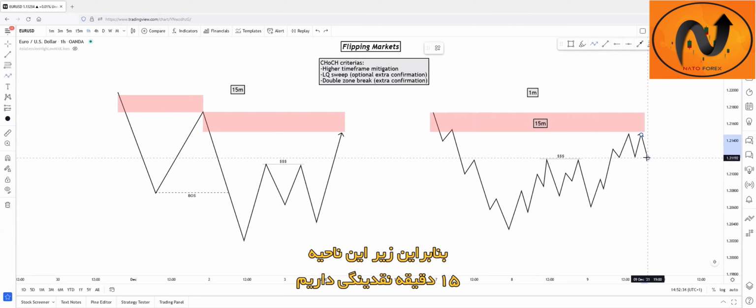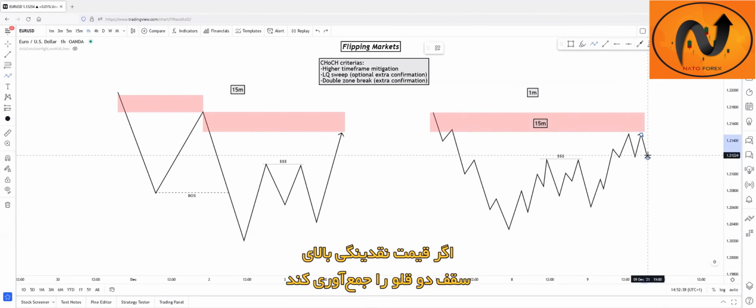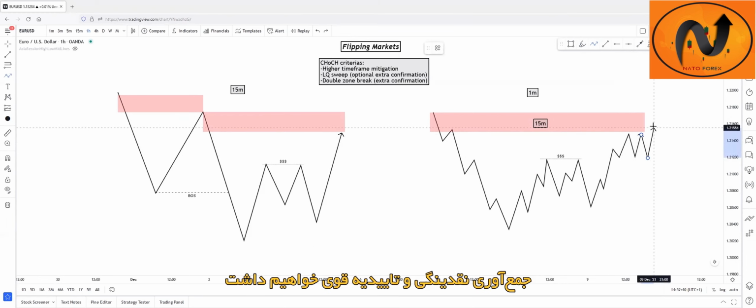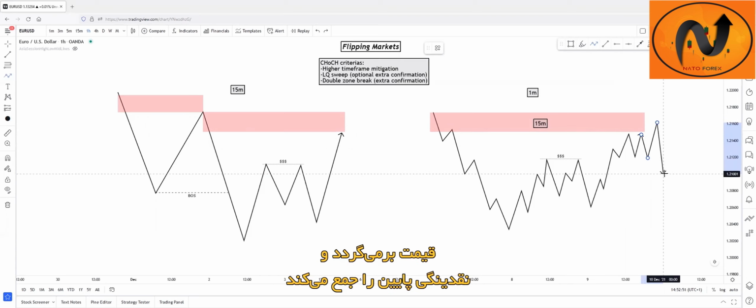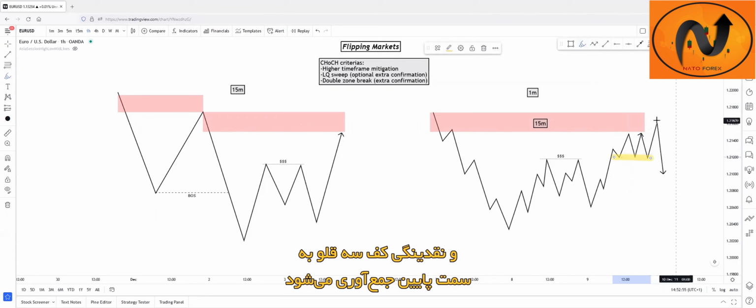So just under the supply zone, the 15-minute supply zone, we have liquidity. If price sweeps the double tops, we will have a liquidity sweep, a strong confirmation, and after the liquidity sweep and the double top sweep and the higher time frame mitigation, price can reverse and sweep the downside liquidity. So these triple bottoms, it can sweep the downside liquidity.